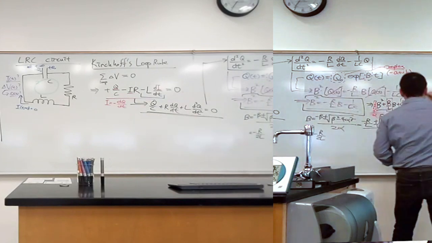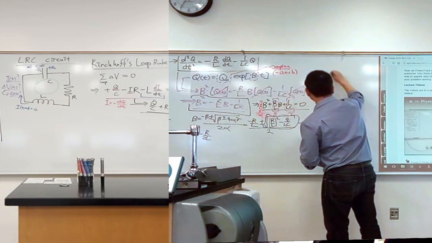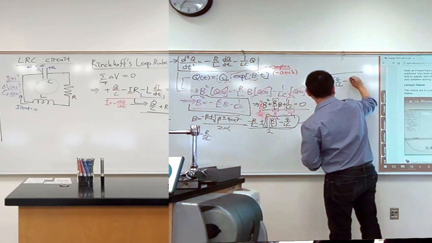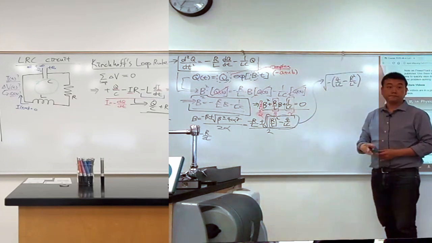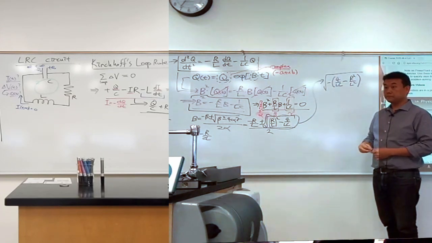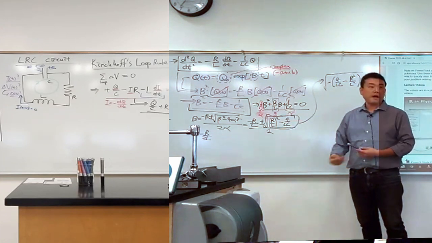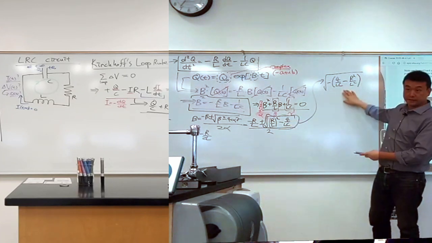This here I'm going to rewrite as square root of minus 4 over LC minus R squared over L squared. Yes, this is the same expression as this, but I should motivate why I'm doing this.